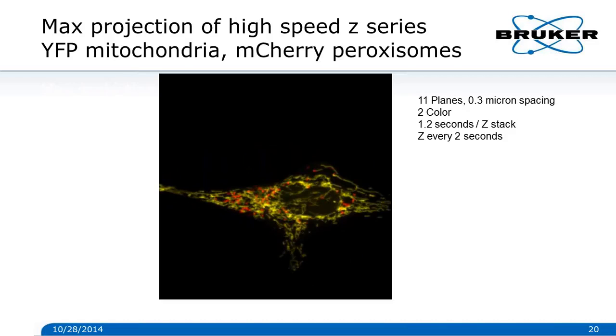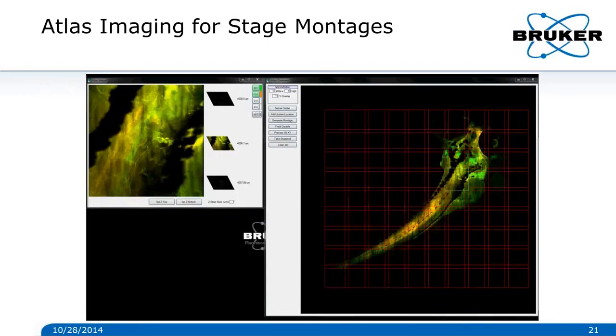One of the other things that people do that can fall into the rubric of multidimensional experiments is stage montages, both in just X, Y, and also in X, Y, and Z. And besides the speed with which the Upterra can acquire data, one of the things we've done is develop a special application module for collecting these kinds of data sets called Atlas Imaging.